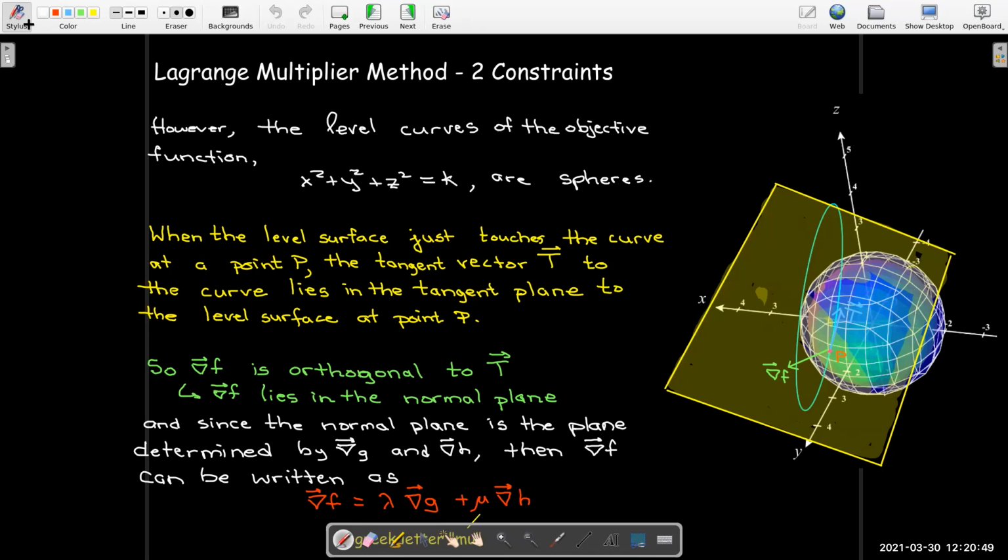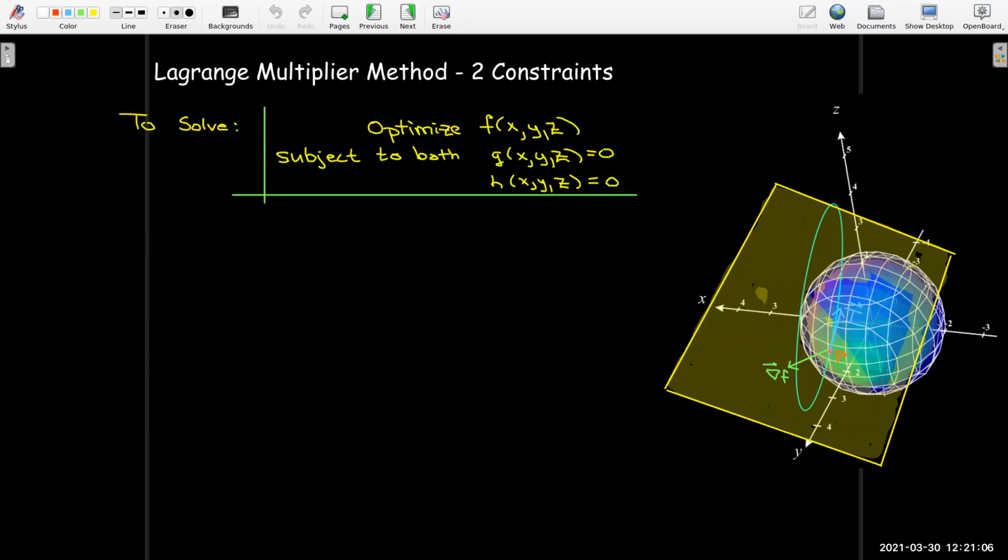The two multiples we're going to use are lambda, the Greek letter lambda again, as our multiplier on the gradient of g, and a second multiplier, the Greek letter mu. So now I have two Lagrange multipliers.